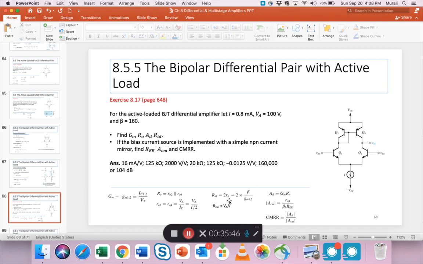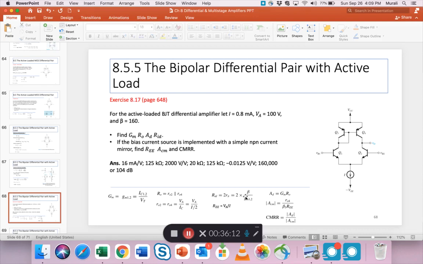And of course there is always an input resistance calculation, which for MOS is considered infinity, right? Because no current flows in the gate. Here current does flow in the base, so there is an input resistance of finite value.